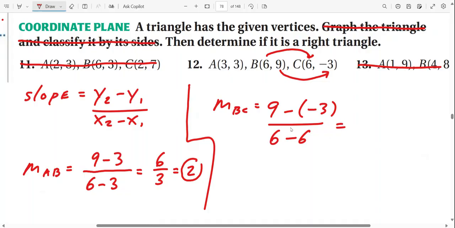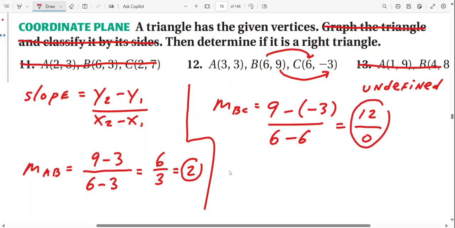Okay, you don't even have to calculate the numerator if it's a 0 in the denominator. It's automatically what? Begins with a U. Undefined. Very good. Undefined.